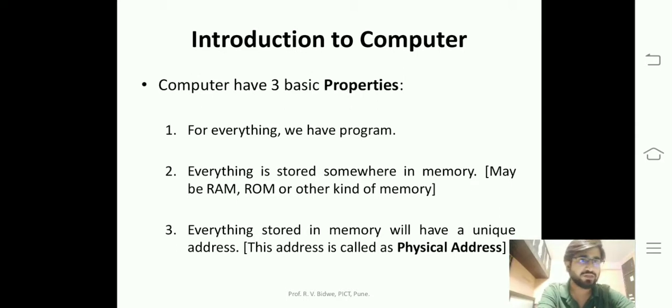The third property of a computer is that everything stored in a memory will have a unique address. Like us, we are living in a world, and in the world we have a unique address. Every country has a unique code, and in a country every state has a unique code. If we take the example of India, every town, every village, every city has a unique pin code.